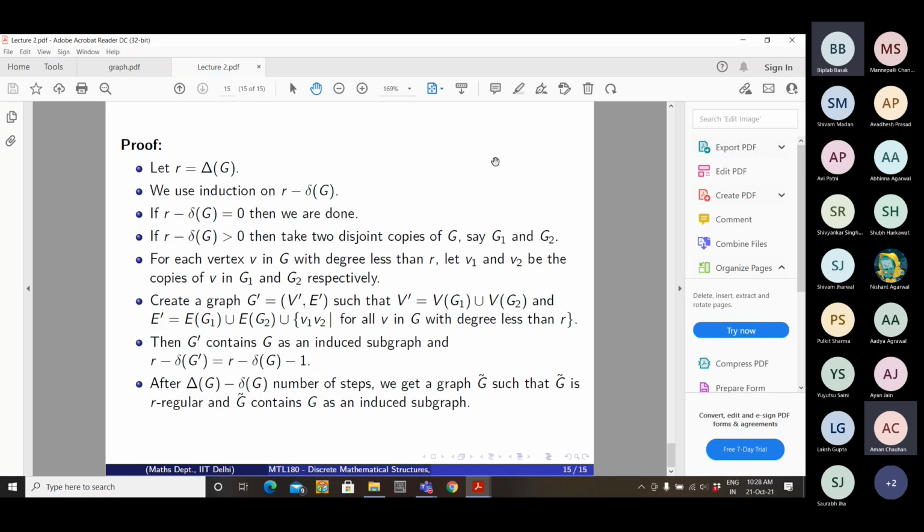For example, for the path with three vertices and two edges, if you join the diagonal and make a triangle, you will have a regular graph, and G is a subgraph of G tilde, but that is not an induced subgraph. We should have those edges which are there.